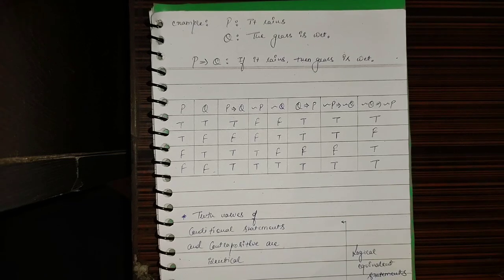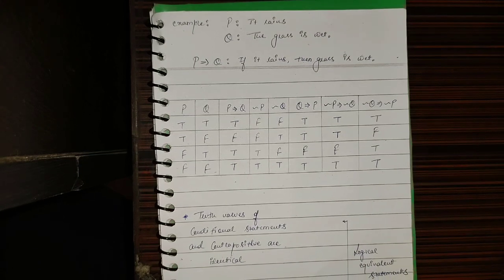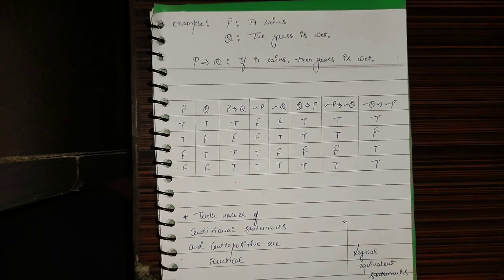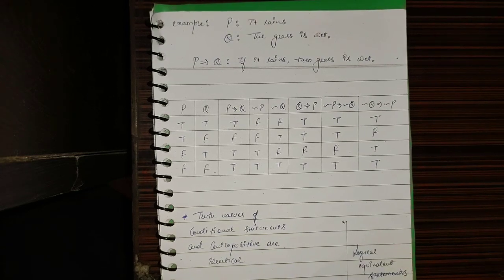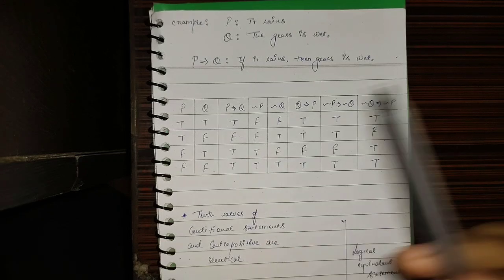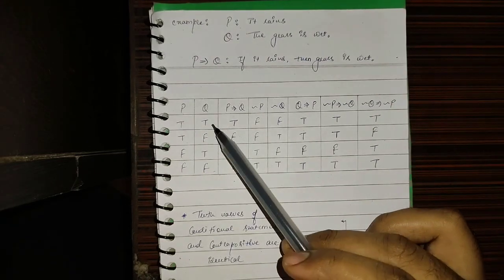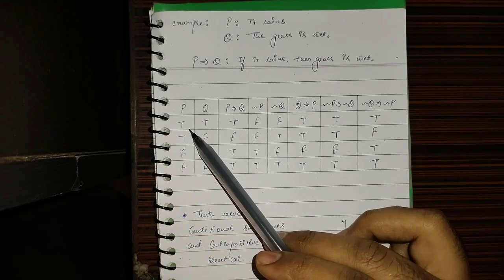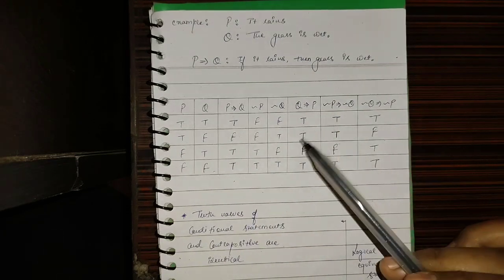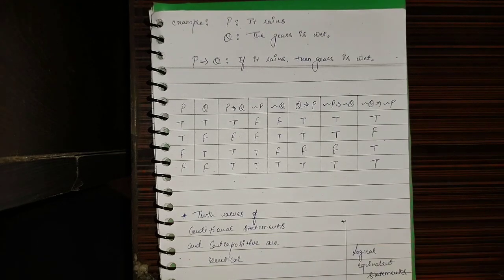Now, the converse of P implies Q would be Q implies P, and we simply follow the previous process of writing a conditional statement. Here Q has become the hypothesis and P has become the conclusion. When the hypothesis is true and the conclusion is true, the resultant Q implies P would be true as well.